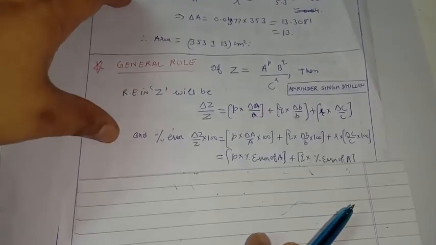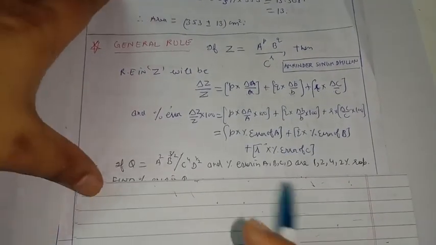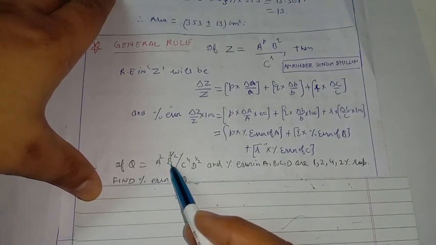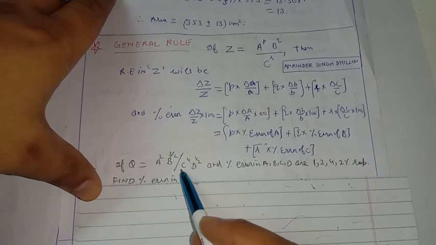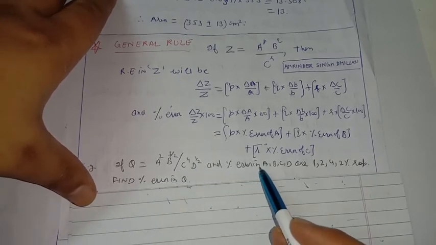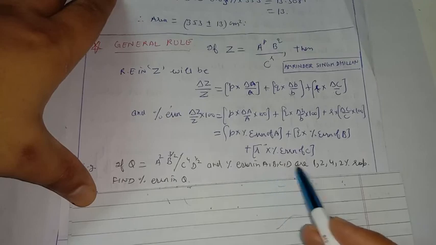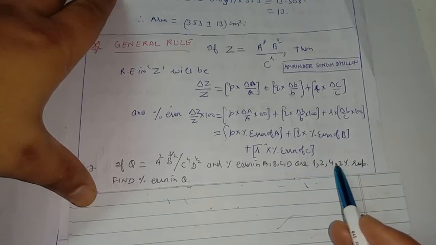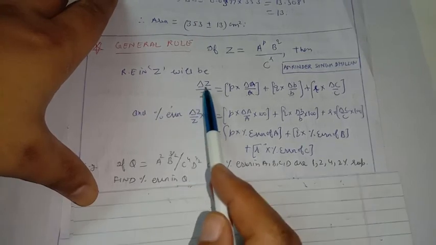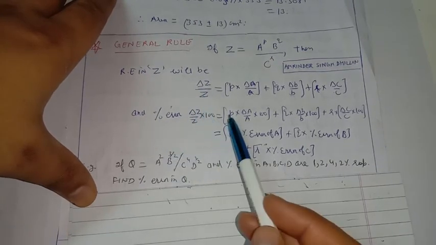For example, here we have a quantity Q equal to A square, B raised to power 3 by 2, divided by C raised to power 4, D raised to power 1 by 2. It is given that the percentage errors in A, B, C and D are 1, 2, 4 and 2% respectively. We have to find the percentage error in Q. We know that relative error multiplied by 100 gives us the percentage error.